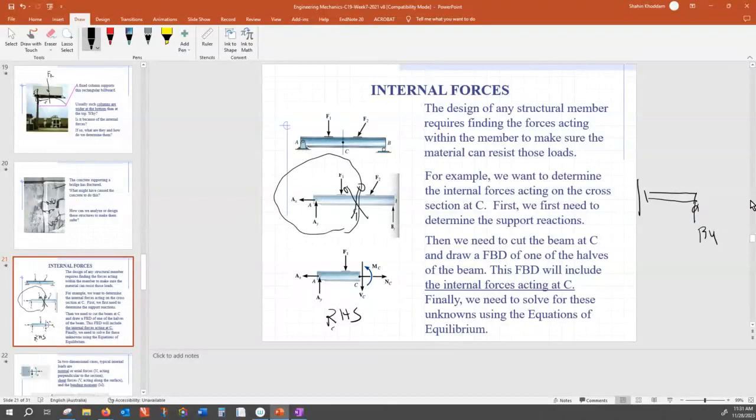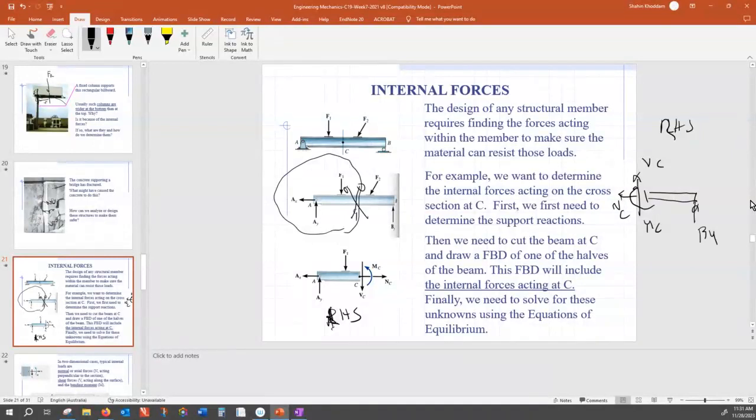And then over here, I have the very same forces in the opposite direction, V of C, N of C, and M of C, correct? So here, I've taken the left-hand side, and that was the right-hand side. This is the left-hand side. No one told me I was wrong. Left-hand side, right-hand side. All right?